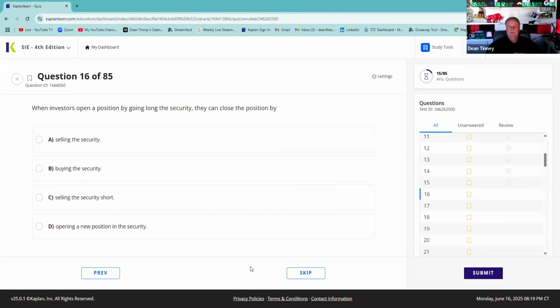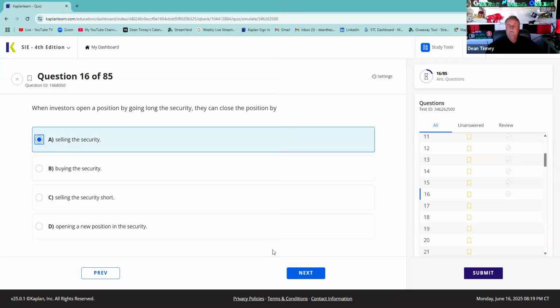So is it selling the security, A, or selling the security short, C? We're going long the security. So going long, I think it's A. Excellent. On the test, you would have been more right because it would have been just the way you said it. They would have said, which of the following is used to eliminate or reduce a long position? You'd say closing sale. If they say, which of the following is used to eliminate a short position? You'd say closing purchase. Excellent.